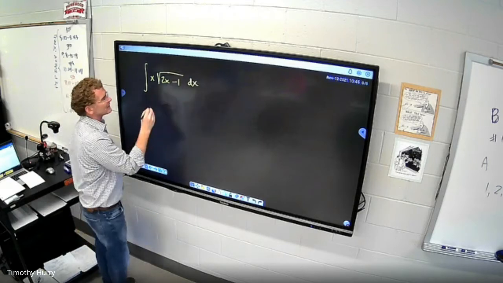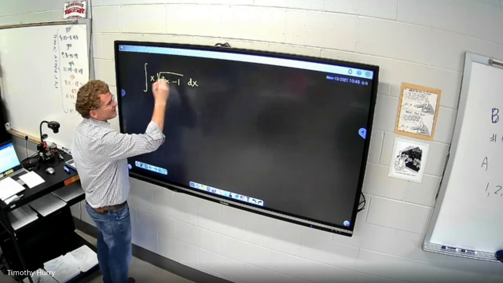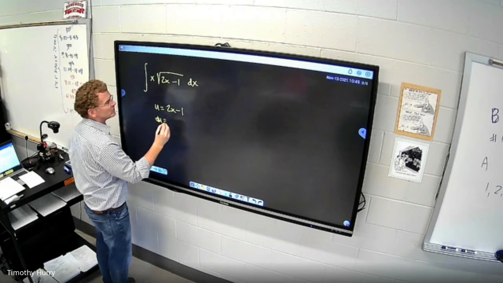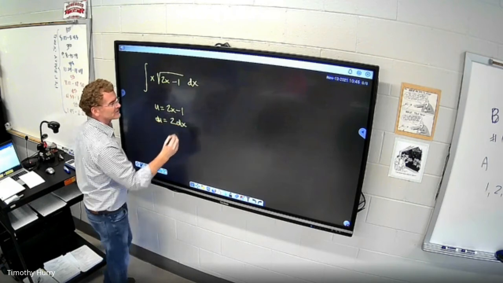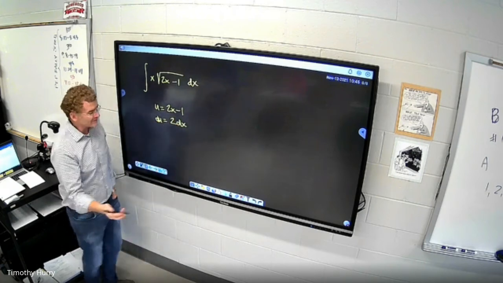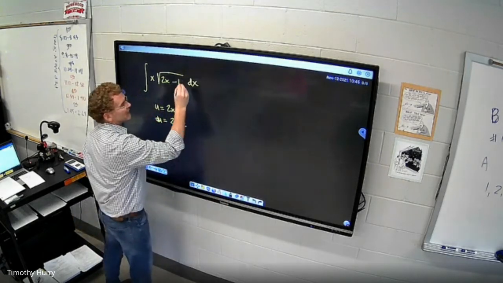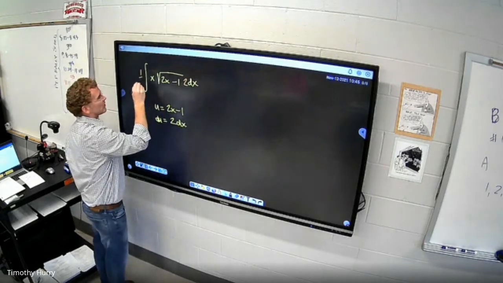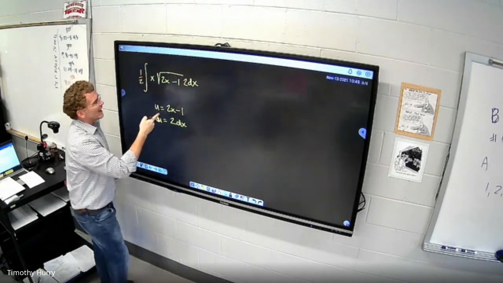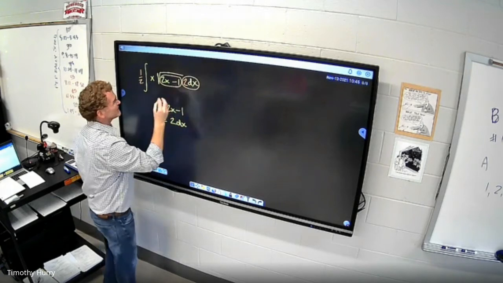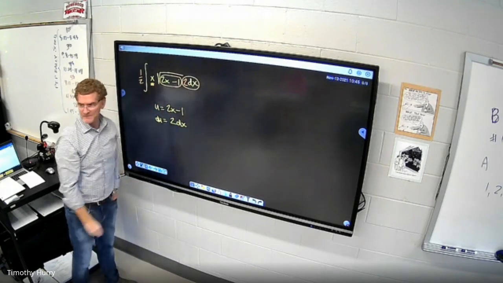But the problem is, if I were to call that my U, then my du is just 2dx. And even though I don't have a problem right here, plugging a 2 in there and balancing it with a 1/2, when I go to circle my u and my du, what's going on there?